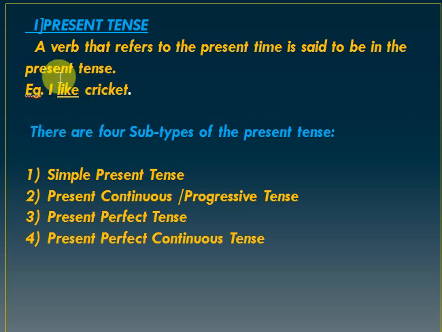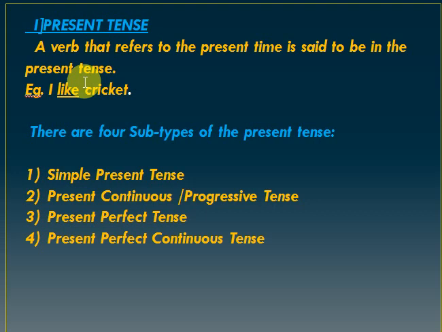It indicates the action at present. I like cricket means right now I am saying that I like cricket. There is no past and future. So we have to identify the verb that refers to the present time, where like is the present verb.